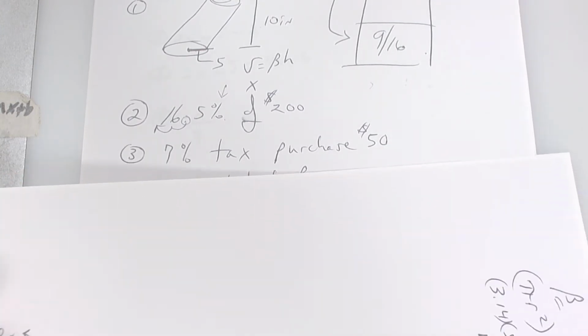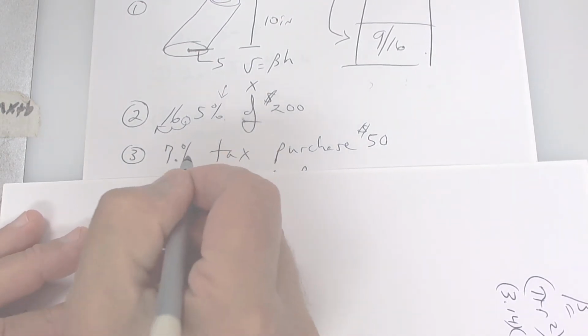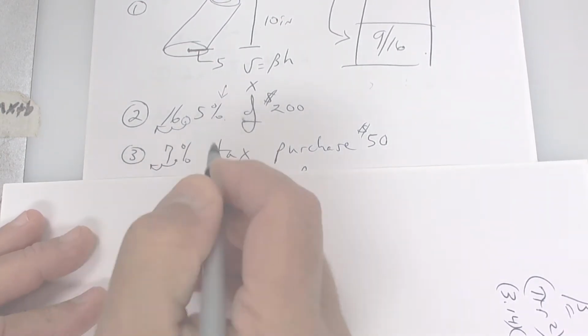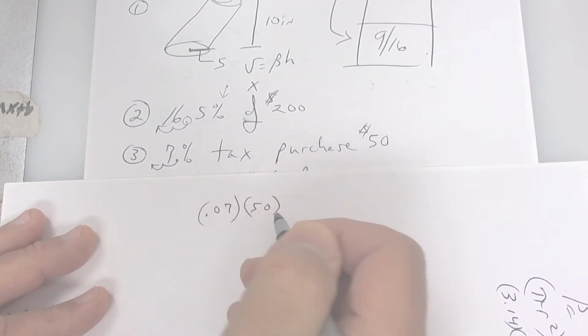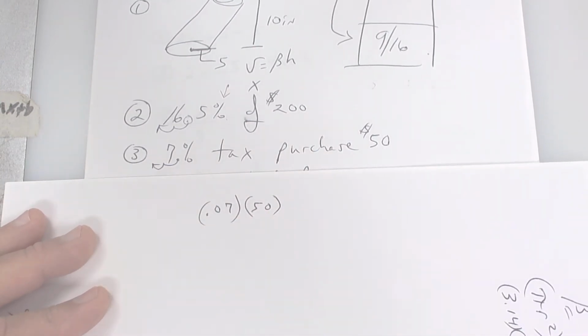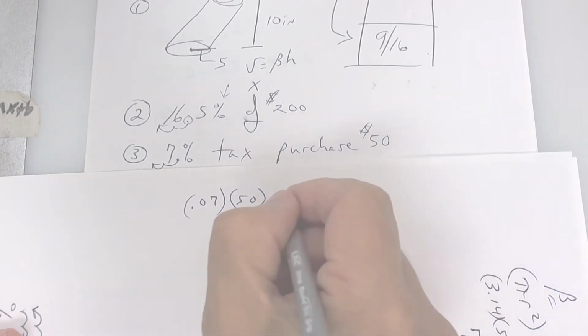This one right here, your 7% tax, well, 7%, your decimal's there when you don't see it, so it becomes 0.07 times 50. Okay? So 50 times 0.07 gives me $3.50 tax.